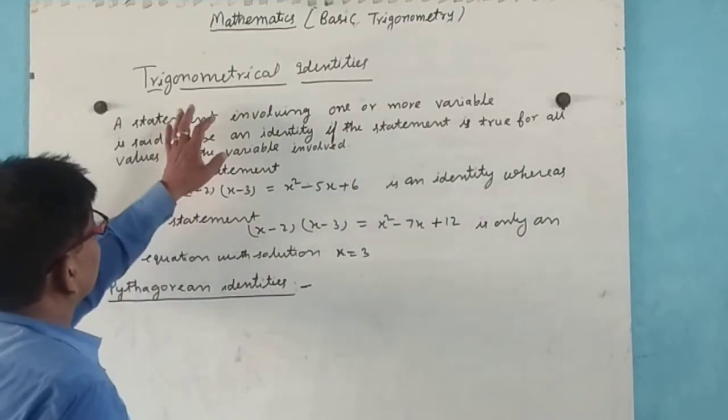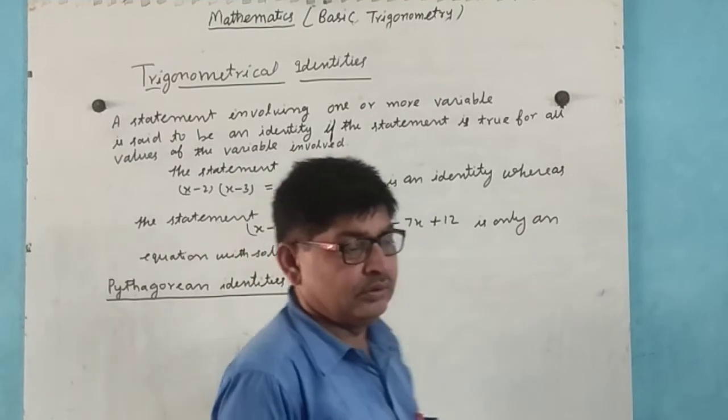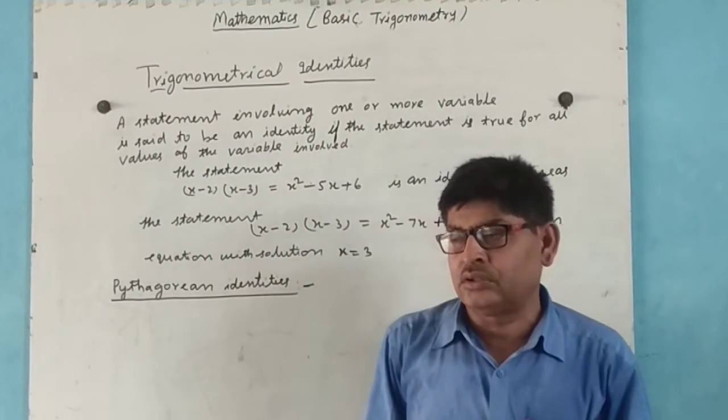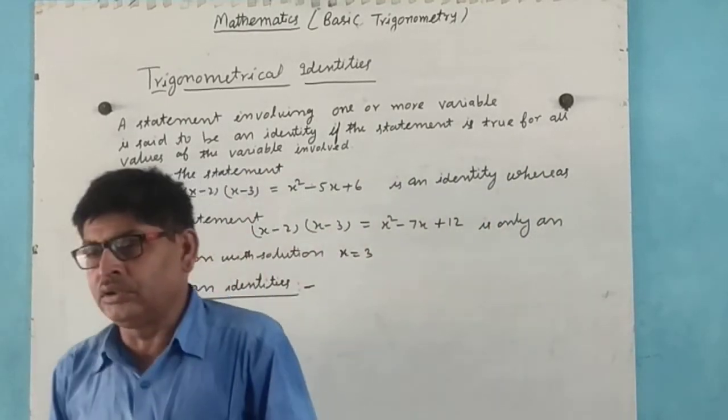Now, trigonometrical identity. What is the difference between identity and equations?